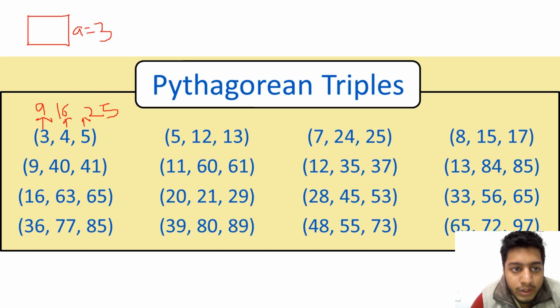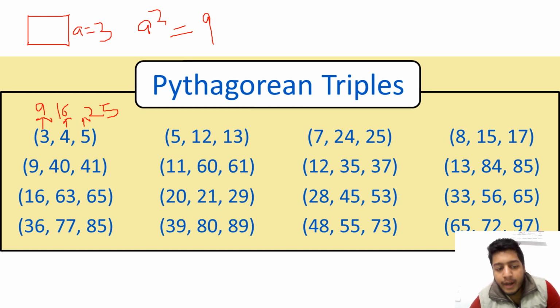What is the formula for the area of the square? That is a square, which means side square. So the square of 3 will be 9. Similarly, a square of side 4 centimeters or 4 millimeters or 4 units will have area 16, and the same goes for 5. So these are the Pythagorean triplets.